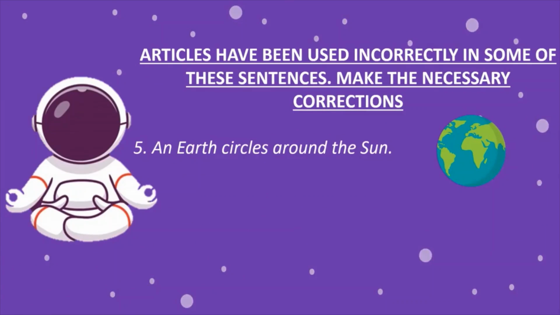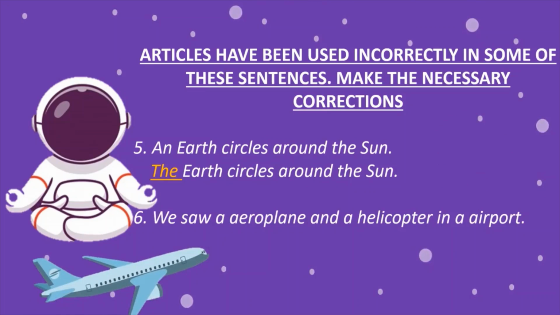An earth circles around the sun. Here it should be the earth, because it is a specific planet, that is earth, we are talking about. The earth circles around the sun. We saw a aeroplane and a helicopter in a airport.